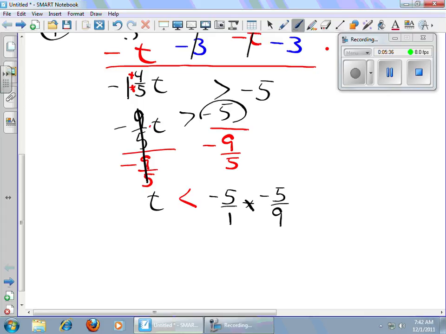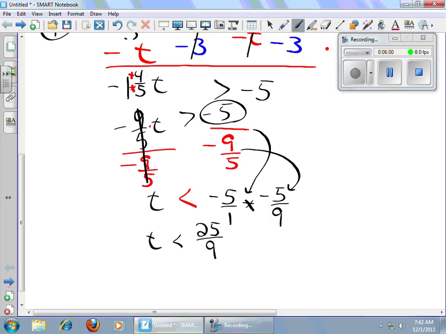You copy this, and I wrote it as a fraction because I'm dealing with fractions. I changed the division to multiplication, and then I flip my fraction. I use the reciprocal. All right, so now I have t is less than. Nothing here is going to simplify, so I'm going to multiply negative 5 times negative 5 to get positive 25. I'll put that over 9.